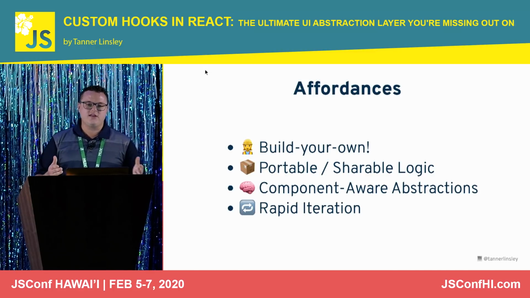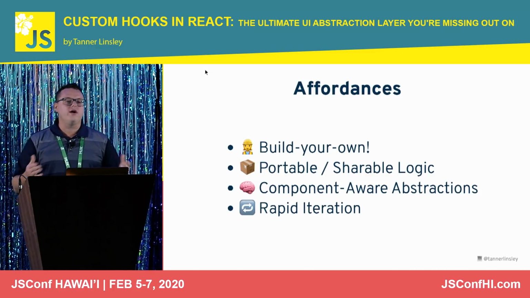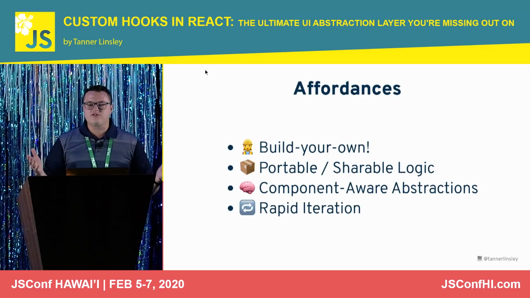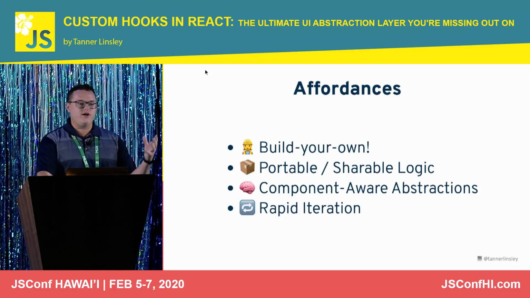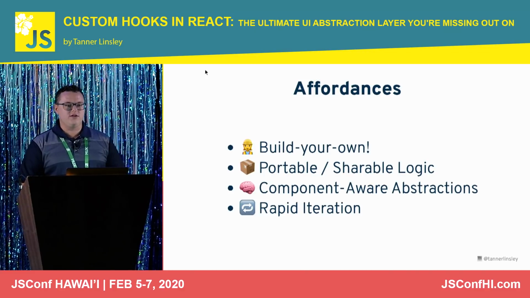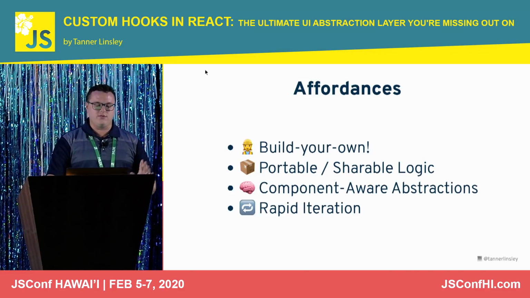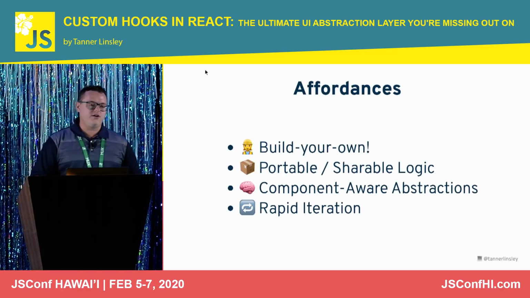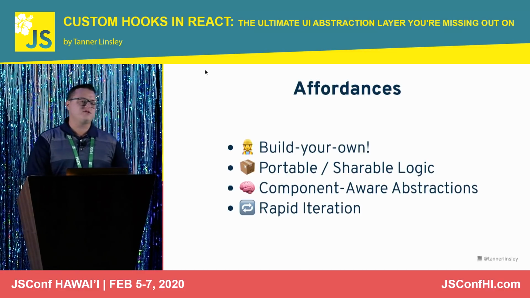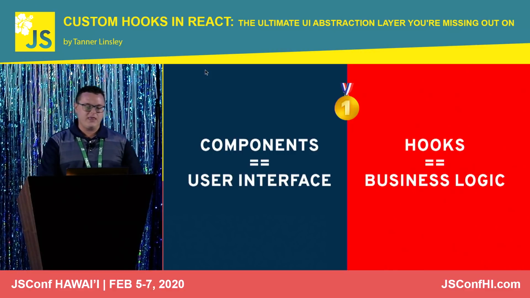The other great thing is that custom hooks can be component aware and abstract essentially anything that we want them to. This makes them very powerful for integrating with essentially anything we want to integrate with in the outside world away from React. And last but not least, I think that they highly encourage rapid iteration for some of the reasons that I'm going to talk about today.